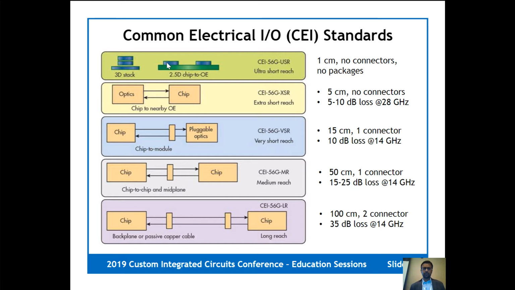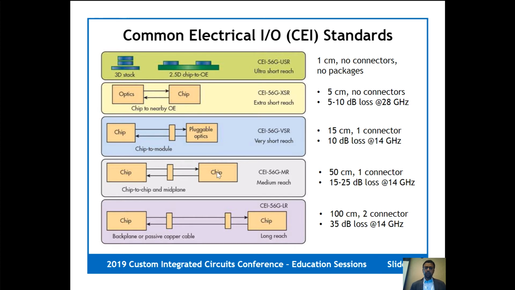This is intended for very short links between, say, two dies on a package or on a stack. Then going to XSR, or extra short reach, which is just slightly wider separation but still no connectors, to very short reach, or VSR, an example being the chip to module. This is the same example that we saw earlier, where the switch IC was communicating to a transceiver in a pluggable module. So this is a fairly common spec to design for.